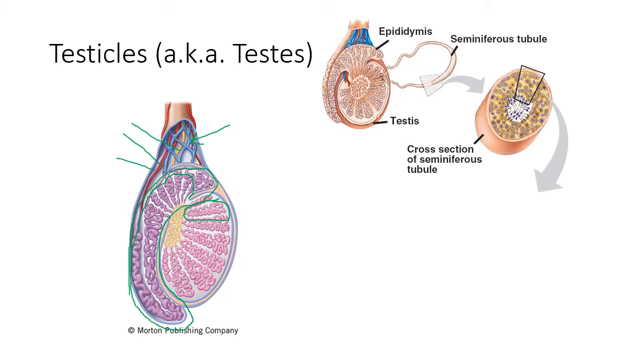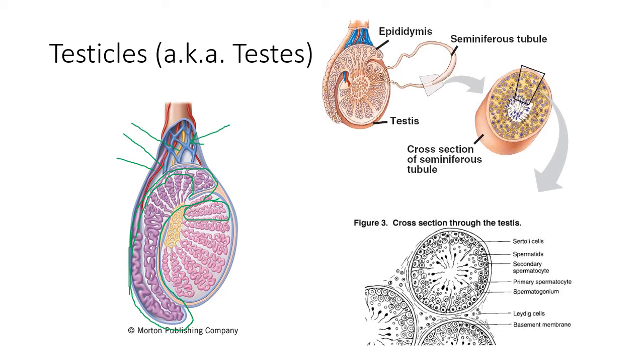So if we were to pull out one of those seminiferous tubules and take a cross section of it, we would see some really interesting things. So first of all, around the edge of the seminiferous tubule, you're going to find the spermatogonia.